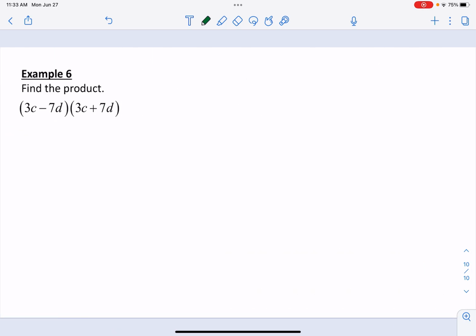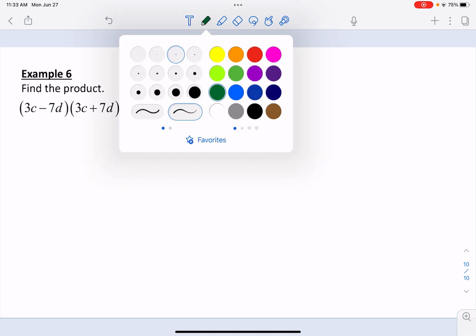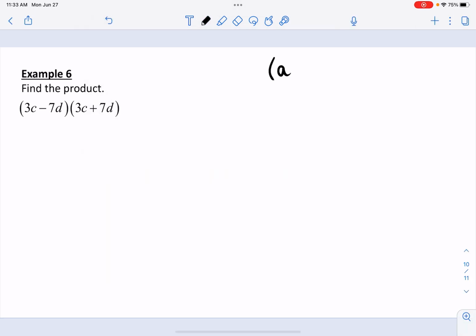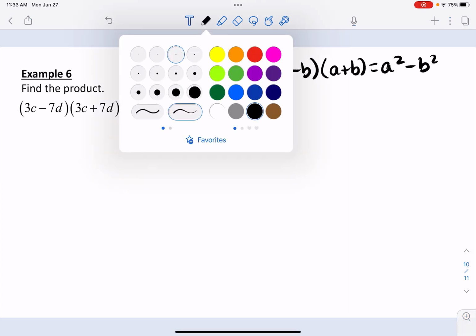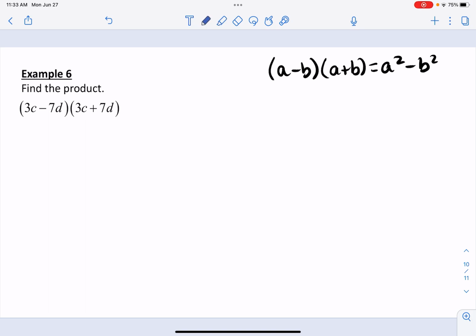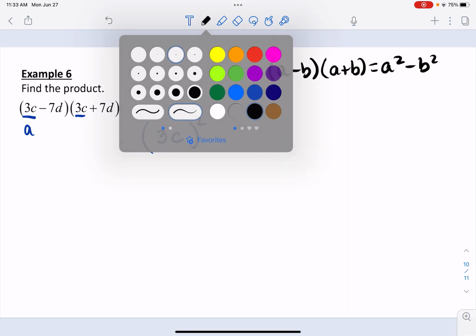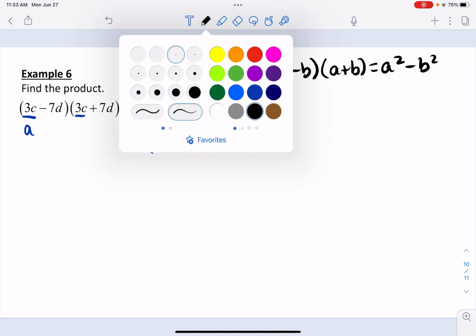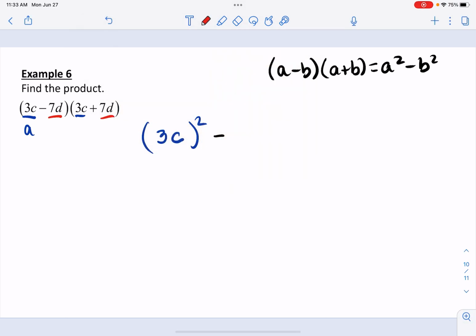Okay, this one. Again, remembering our pattern. So that's my A. My first thing is A squared, so 3C minus the 7D squared.